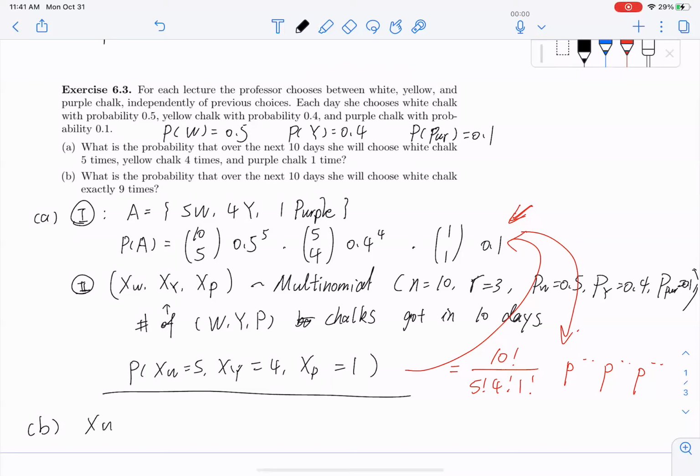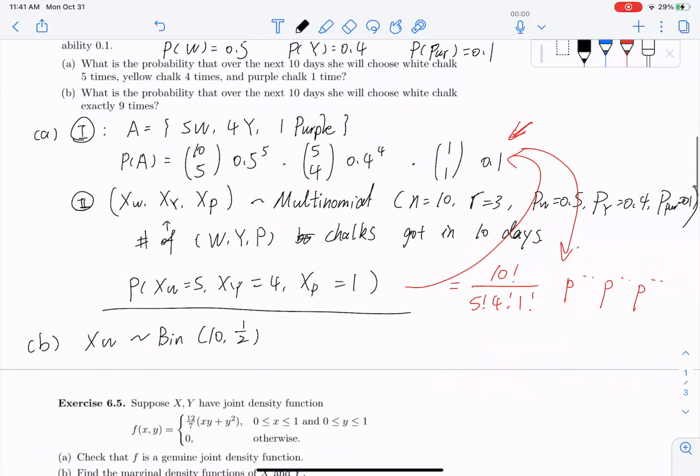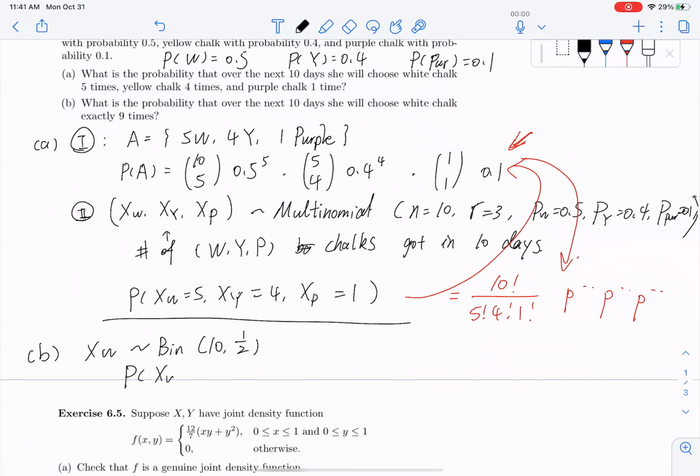Here we have the marginal distribution for choosing white chalks following a binomial distribution, 10 days with probability 1/2 to get it every day. So you just need X_w equal to 9, right? You know it's a binomial distribution.